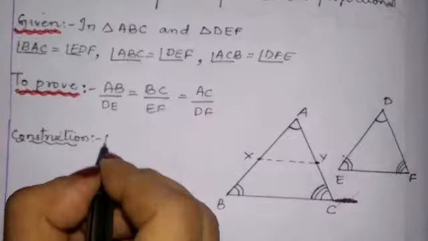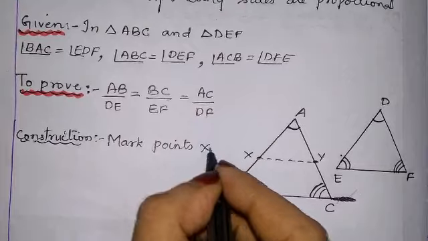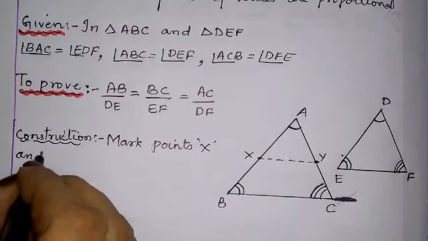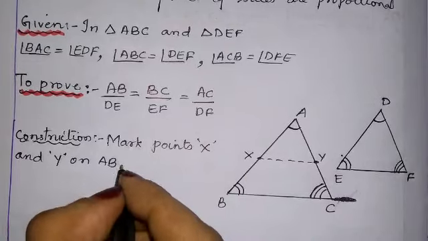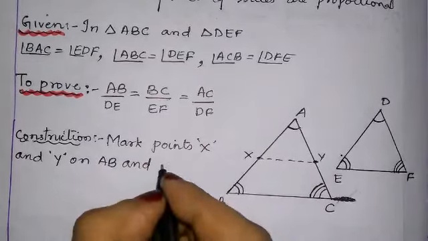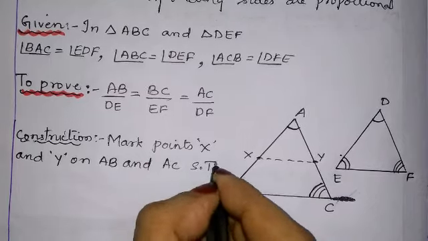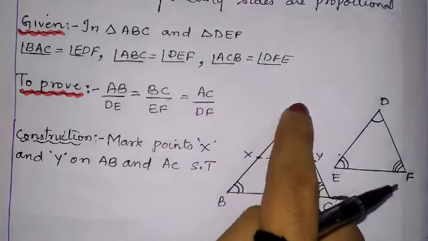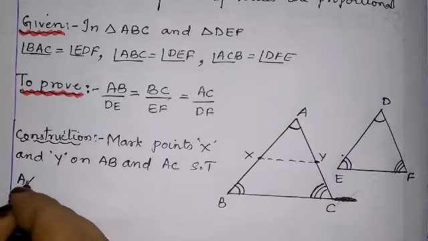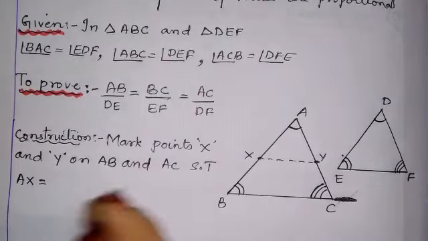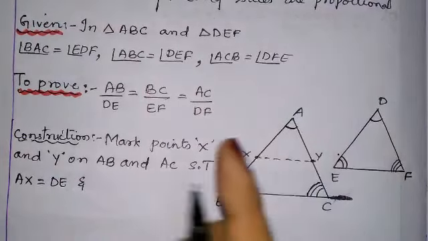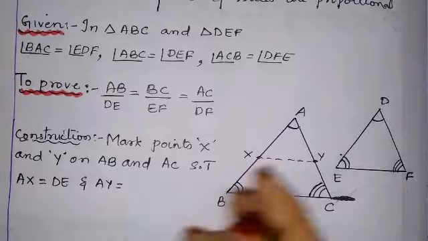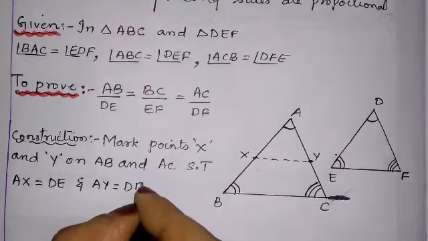You have to write: mark points X and Y on AB and AC such that AX is equal to DE, and AY is equal to DF.